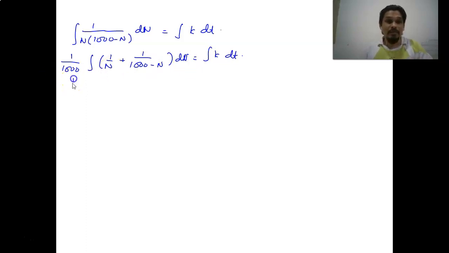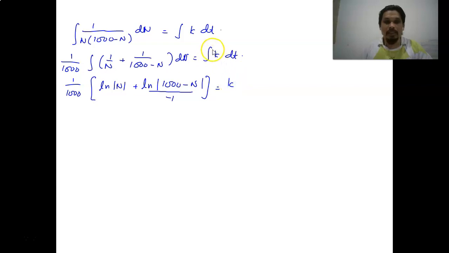Okay, so then 1 over 1000 integral of 1 over n is natural log of n, plus this one here, natural log of 1000 minus n, and the derivative of 1000 minus n with respect to n equal to negative 1. Then the integral of k, k taken outside here, integral of 1 dt, kt plus c.